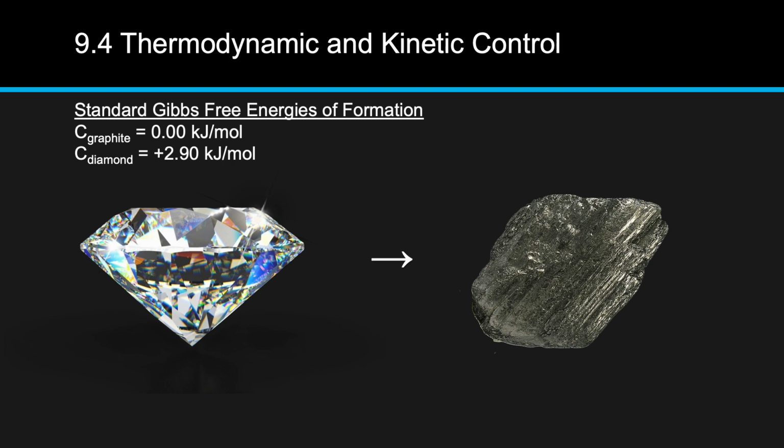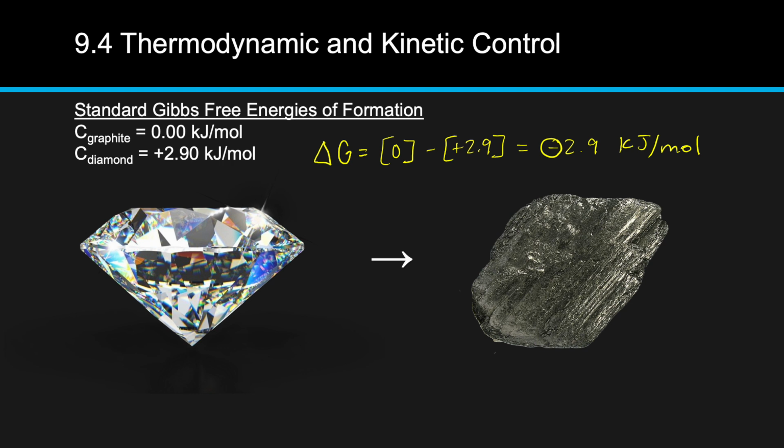However, if we look at the standard Gibbs free energies of formation for diamond and graphite, and we solved for the overall change in Gibbs free energy, you would see we get a negative delta G value, which means it is thermodynamically favored.